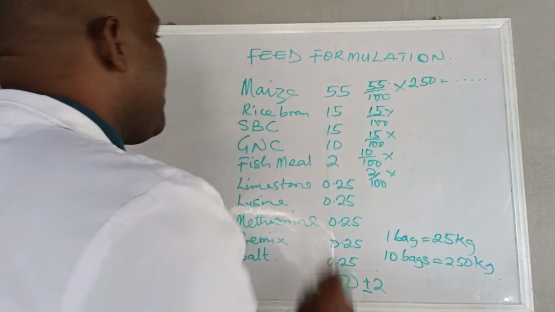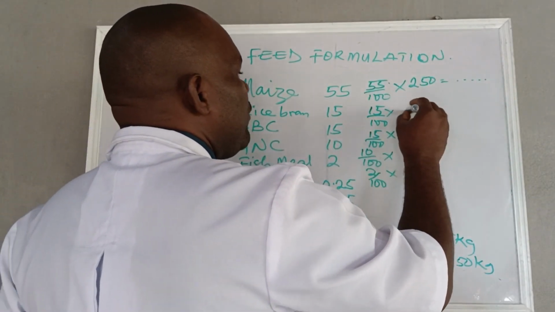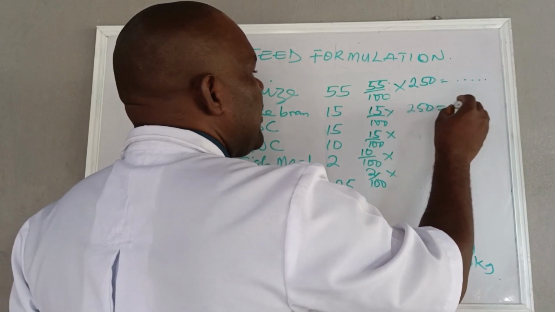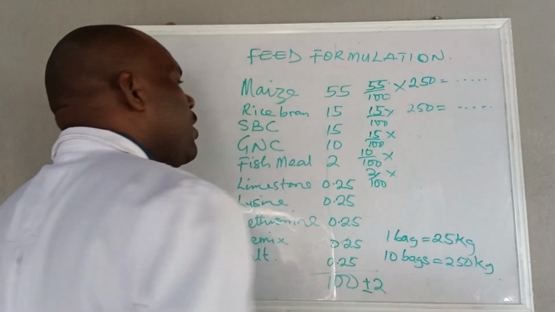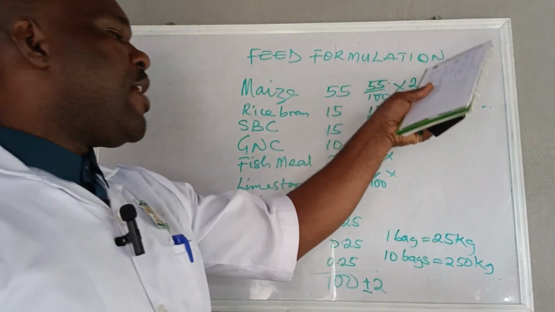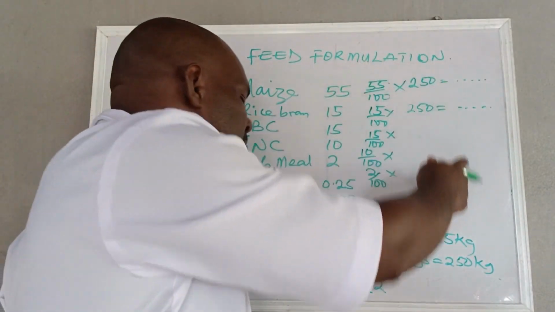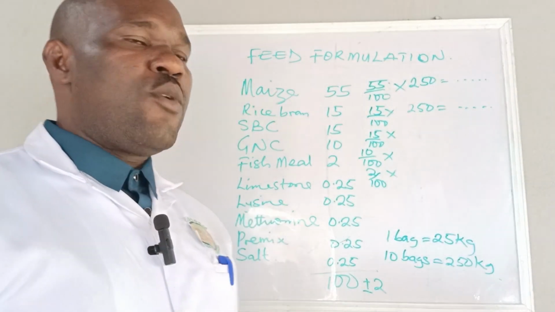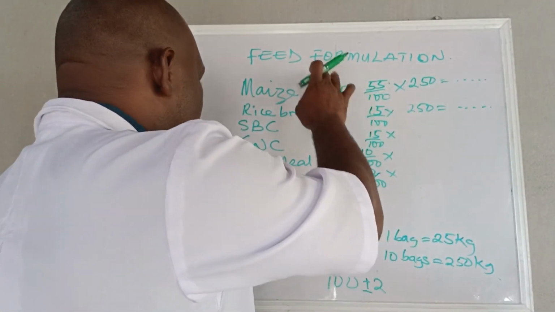Then you do the same on rice bran: 15 over 100 times 250, and you write the answer. You do the same for all of them. Those are the quantities of the individual ingredients you are going to use in the formulation.